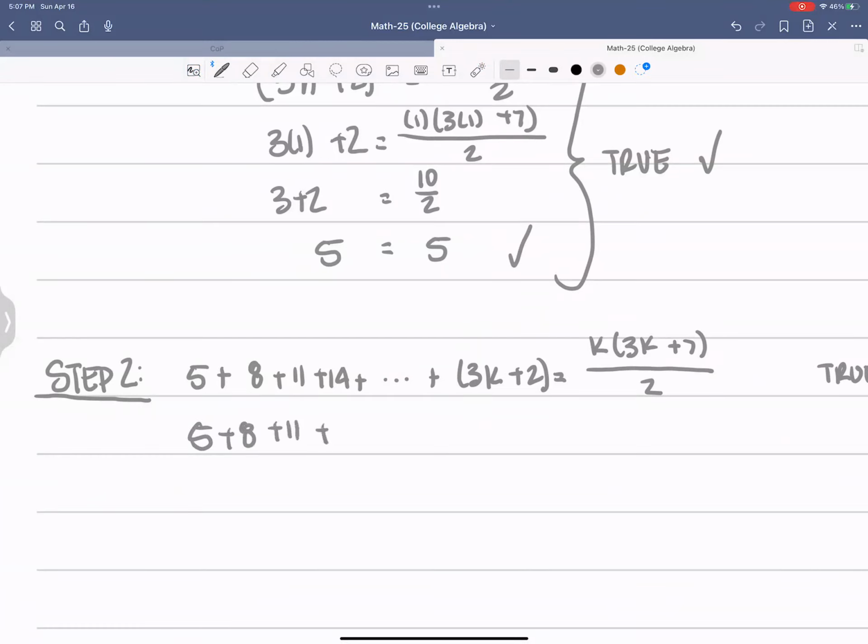Plus 11 plus 14 plus ... The kth term, this right here is the kth term. And now we're getting the following one. So what's 1 more than k? It's going to be k plus 1. So we're adding 3 times k plus 1.